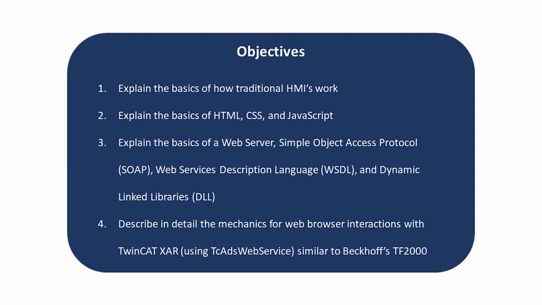We're going to look at what a Web Services Description Language file is, and also what dynamic linked libraries are. And then the last part is we're going to look at how the code is being used to make all these packets and messages that are going to be transmitted back and forth between our web browser and our PLC system.